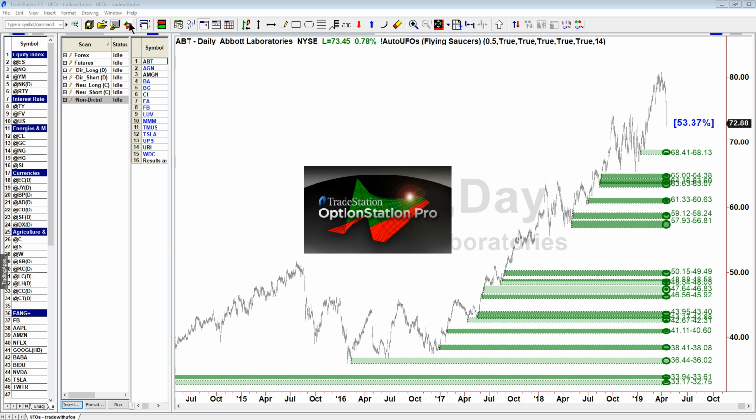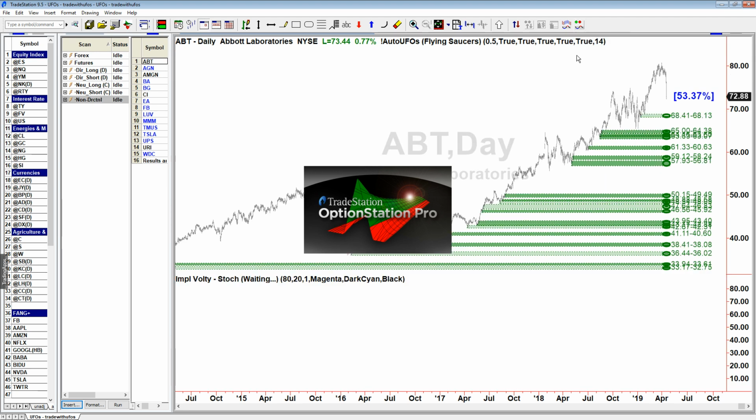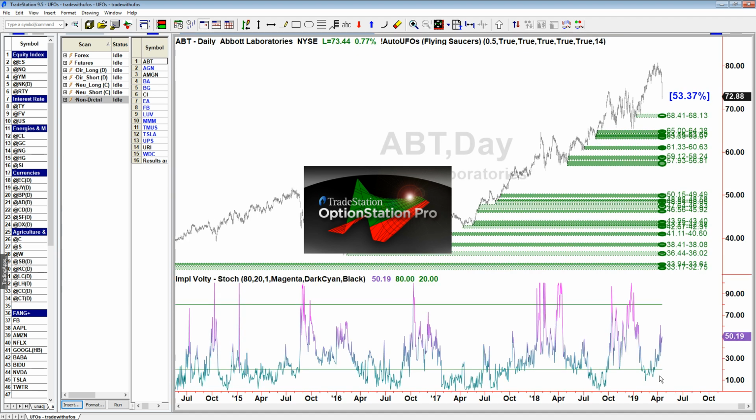If I look at Abbott on my chart and load the implied volatility, which represents the price of the options, TradeStation understands that the pricing of those options is 50.19. So the volatility built into those options is a 50% move.